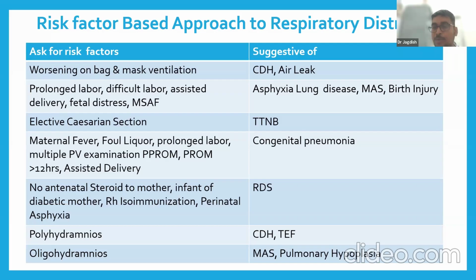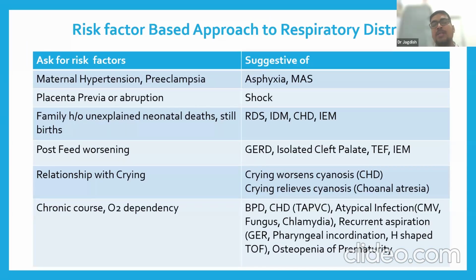If there is oligohydramnios, then the baby may have pulmonary hypoplasia. Similarly, with maternal hypertension or preeclampsia, we can think of asphyxia as a cause. If the mother has a significant antenatal blood loss from placenta previa or abruptio, we can think shock may be the primary cause of respiratory distress.